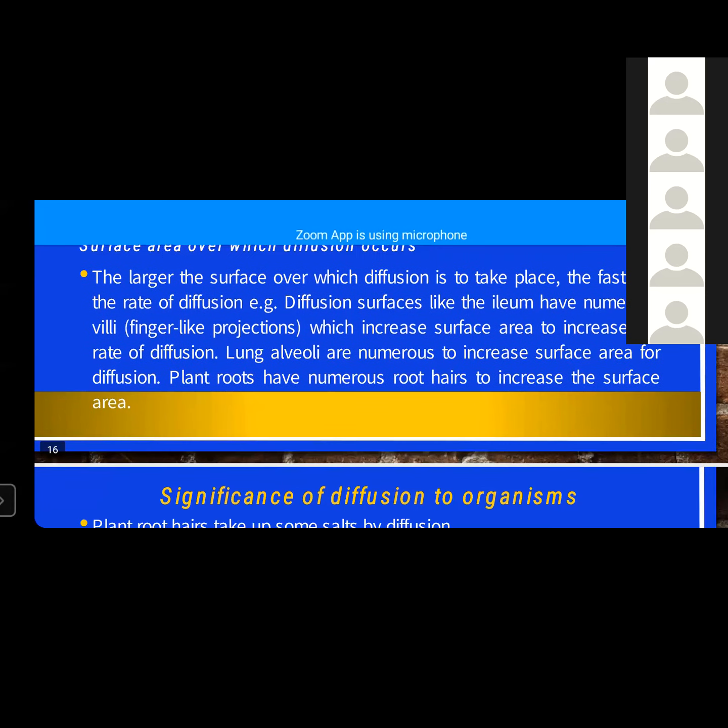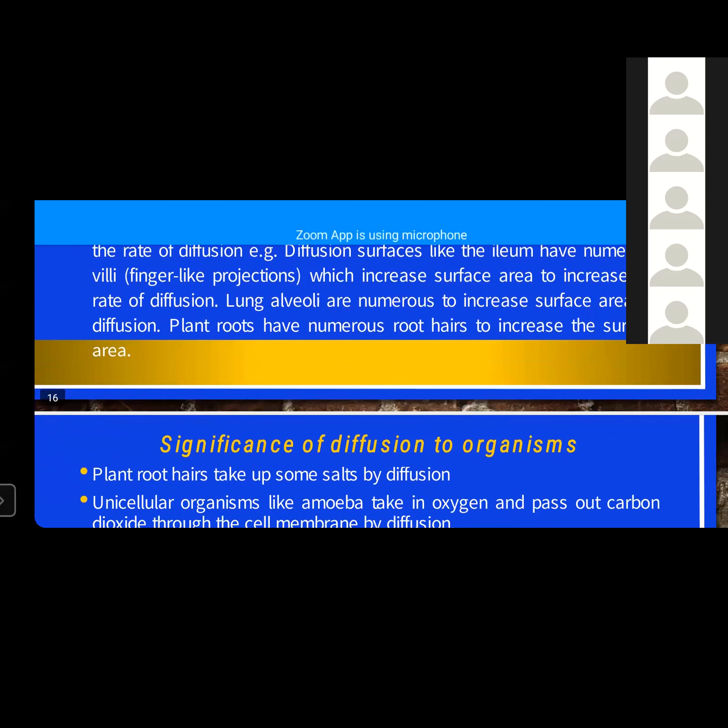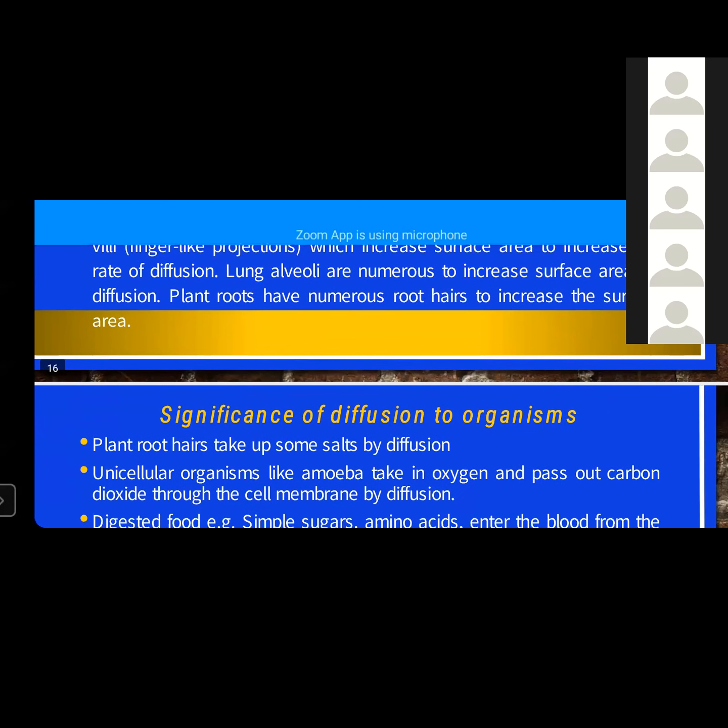E.g., diffusion surfaces like the ileum have numerous villi, finger-like projections, which increase the surface area for increasing the rate of diffusion. Then the lungs have the alveoli, which are also numerous. They also increase the rate of diffusion.